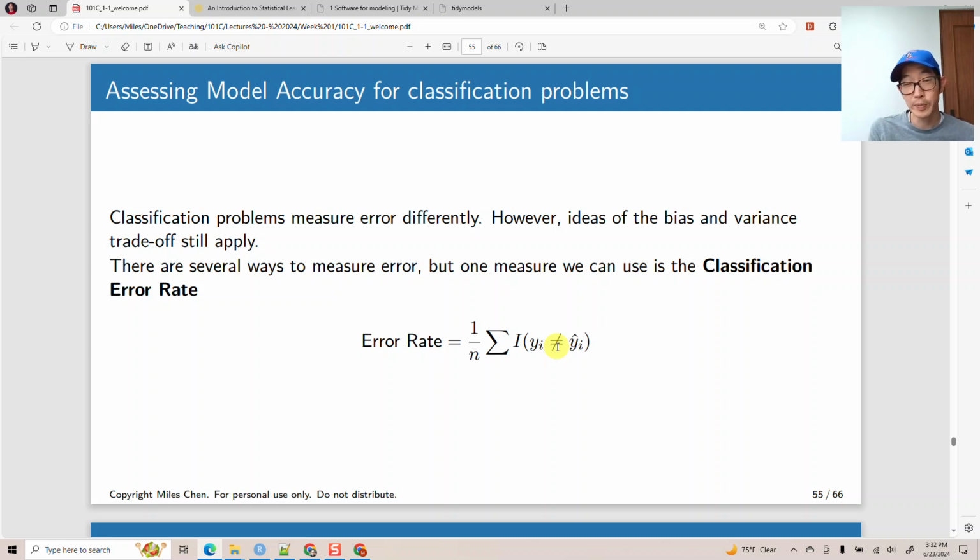We count up how many errors we have, the sum of all of these, and divide by how many we have. So if there are 100 observations and we made an error 5 times, we would have 95 zeros and 5 ones, and 5 divided by 100 gives a 5% error rate.